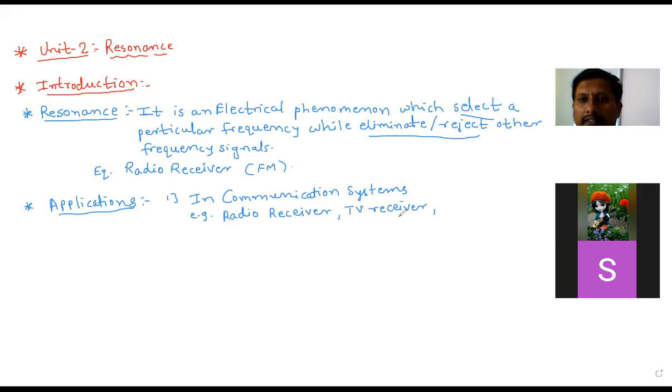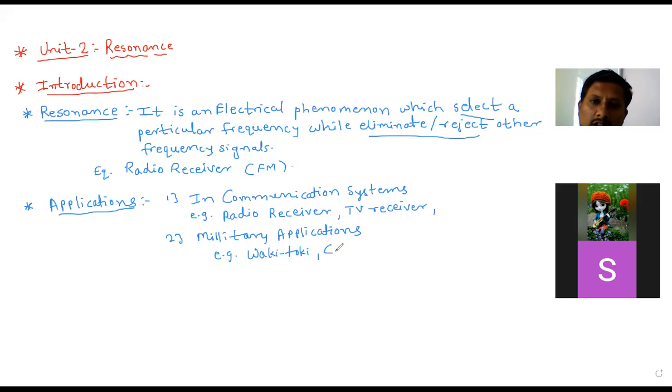In television also we are selecting channels, where audio is there and video is there. So for audio, this signal we can consider. And we can consider an example in military applications: the walkie-talkie, and cordless mobiles.